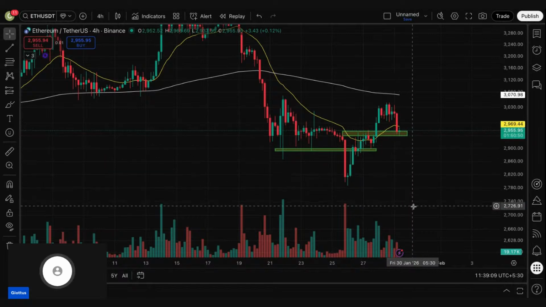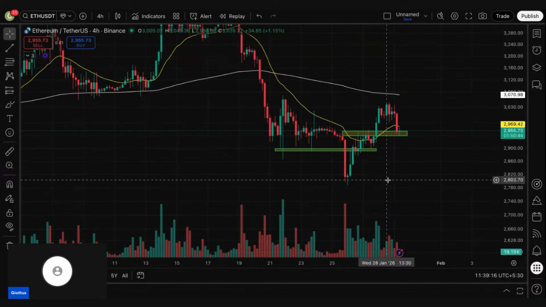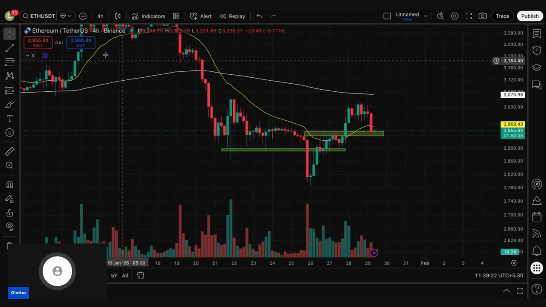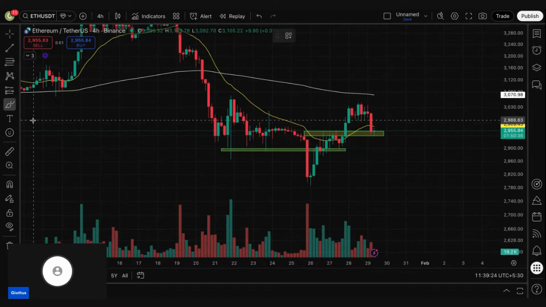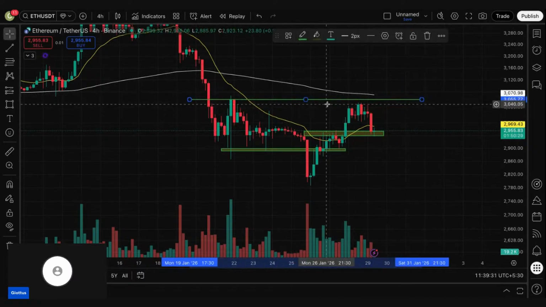From here, if the market wants to create a lower low, then it has to head below 2800, which is very much possible as of now because the rejection that we see from this particular zone is not so great for the market.